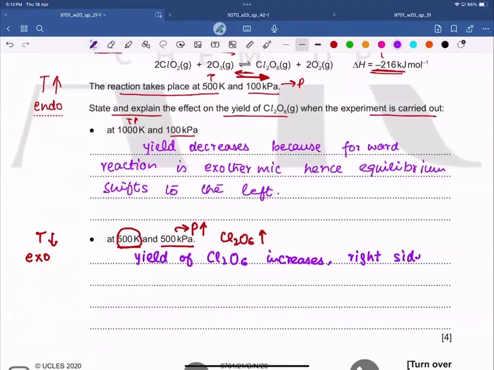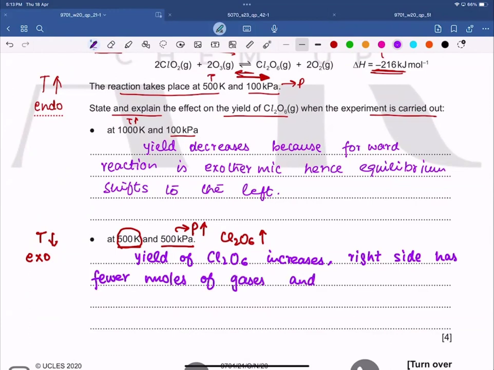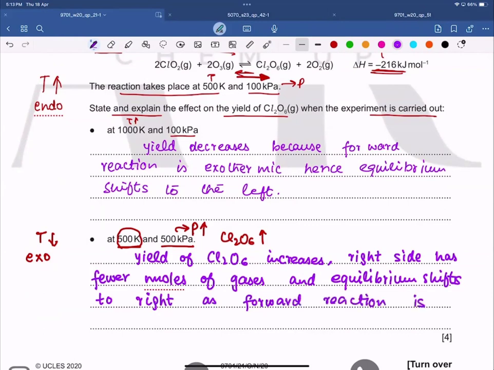Right side has fewer moles of gases, and equilibrium shifts to right as forward reaction is exothermic. Is this clear to all of you?